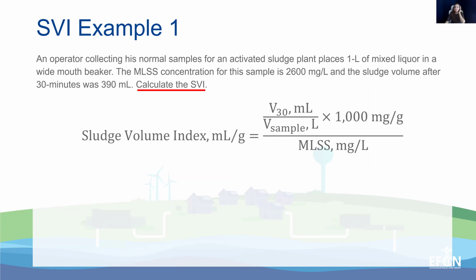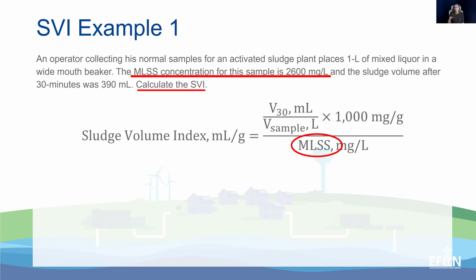Now we need to look through our problem and see if we have the correct data. The first thing we have is that we recorded that the volume of sludge after 30 minutes was 390 milliliters. We also have that the sludge sample was 1 liter. And then we have our MLSS concentration as 2,600 milligrams per liter.